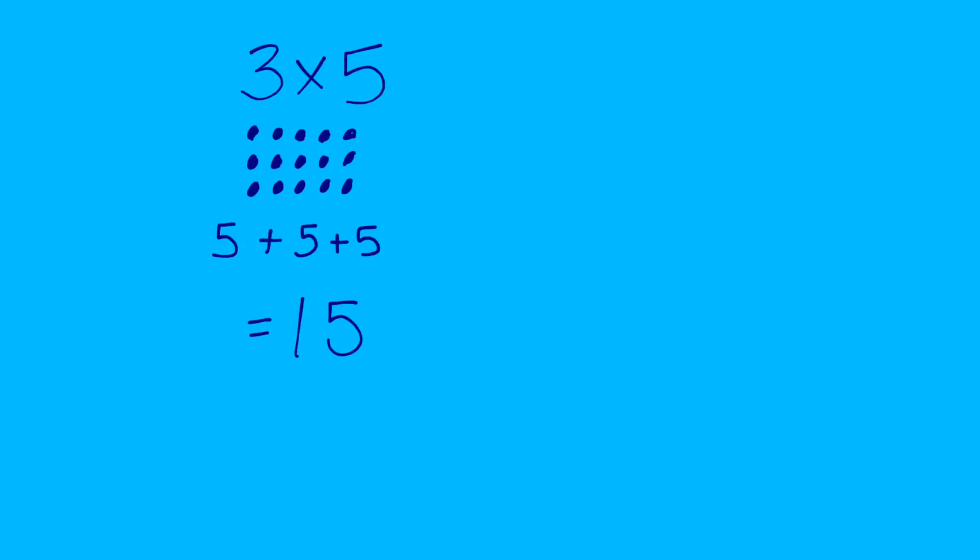What about the other way of writing 3 times 5? Well, we can just switch around the numbers. It still means the same thing, so we can have 5 times 3. So what this means is we've got 5 groups of 3. Let's draw that. So that's one group of 3. There's another group of 3.